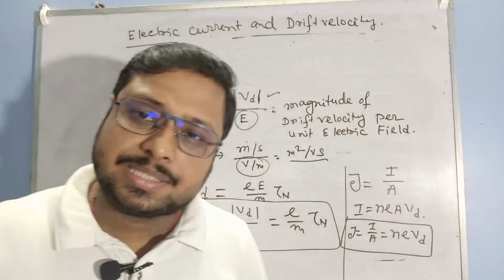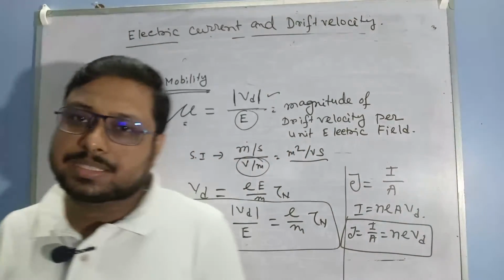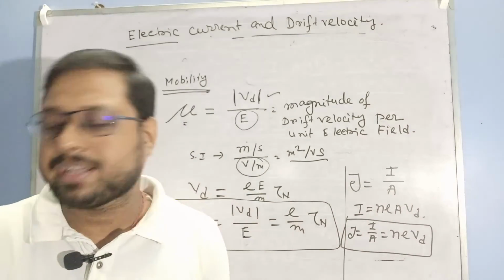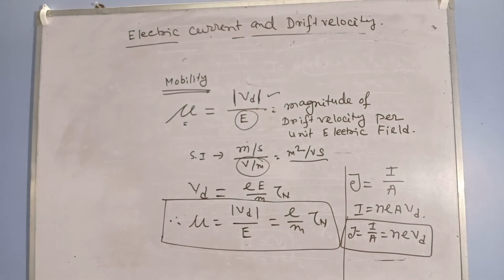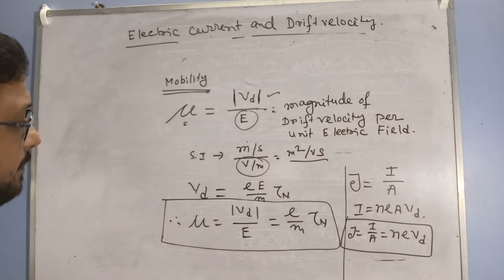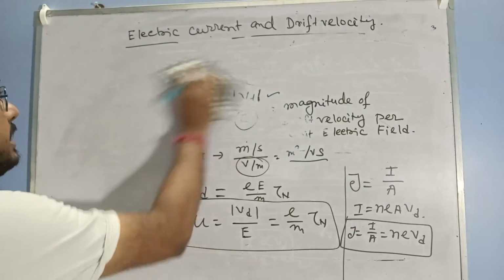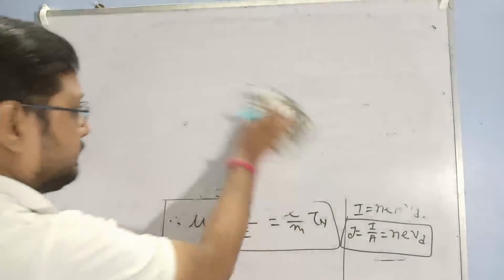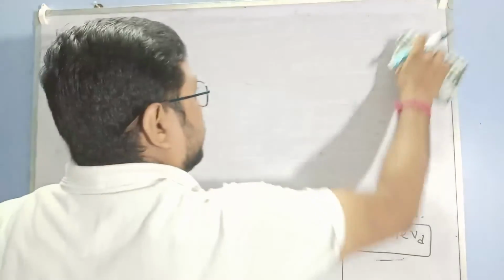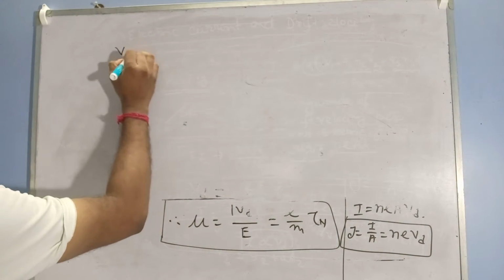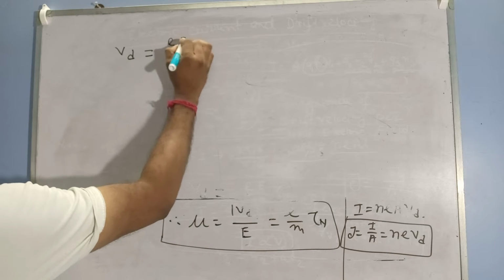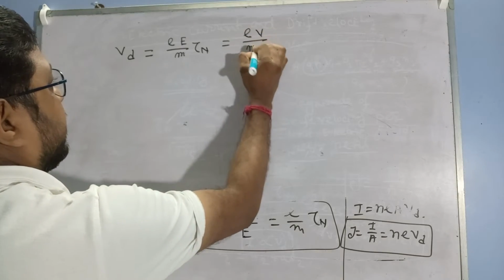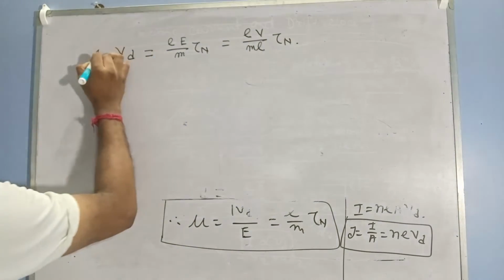So in this class we have the different expressions for four main terms and their equations. In summary: number 1, drift velocity Vd equals eEτ/m.